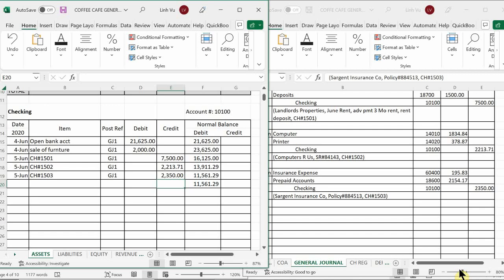If you think about it in real life terms, I spent money, so I should have less money in my bank account. So now I only have $11,561.29 left in my checking account. Okay?